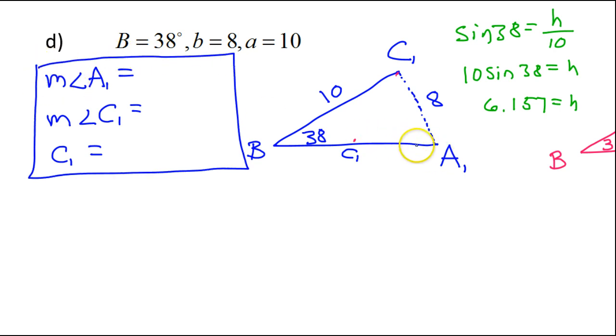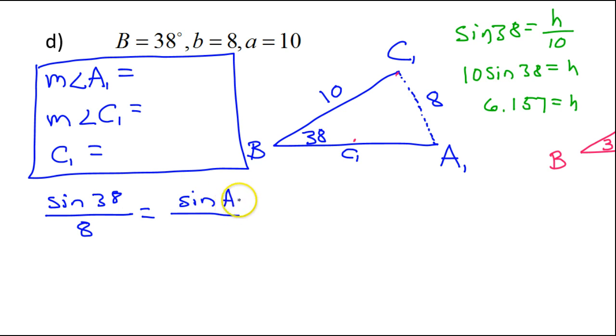Let's start by finding angle A1. Since I'm finding angles, I'm going to put angles in the top when I do the law of sines. So I'm going to say the sine of 38 over 8 is equal to the sine of angle A1 over 10.